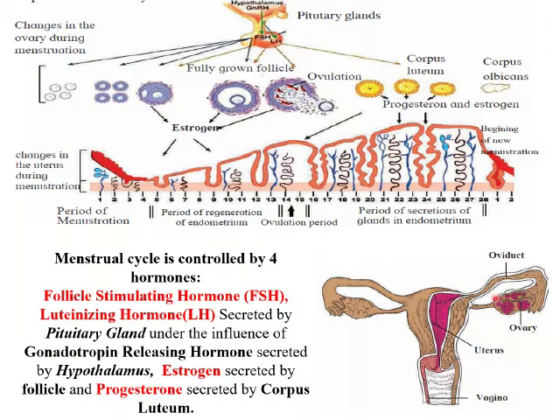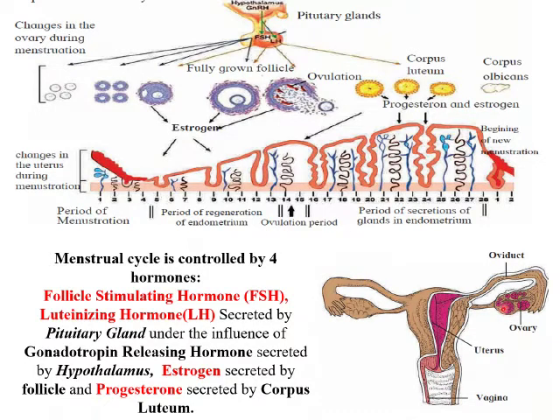The development of the oocyte and follicle takes place under the influence of the follicle stimulating hormone secreted by the pituitary gland.